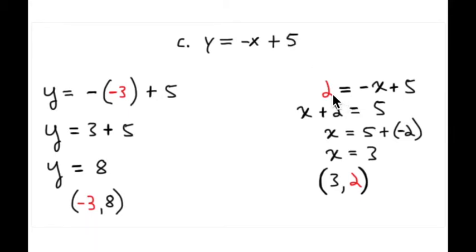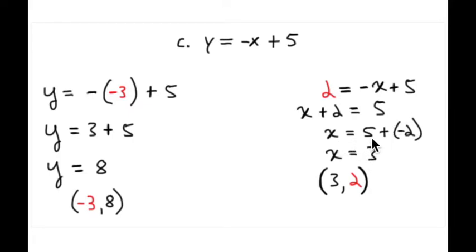So when y is 2, a little bit tougher to think about. I have a negative x here. Well, the additive inverse of a negative x is a positive x. A little bit hard to think about if you're not used to that. So a negative x plus a positive x makes this 0. So I have to add that positive x to the left side. So now I have x plus 2 equals 5.